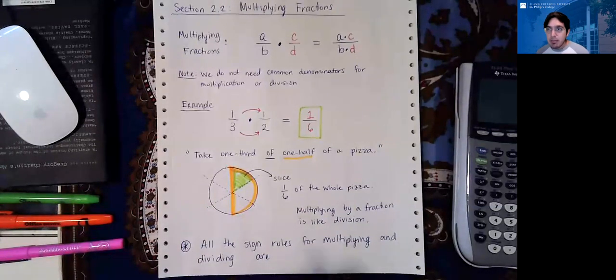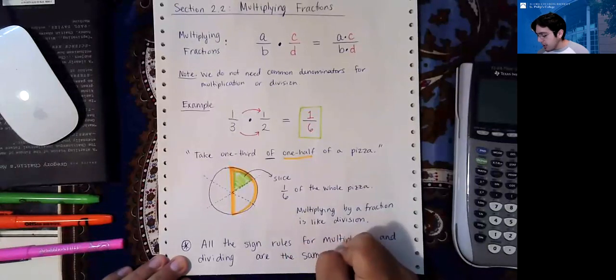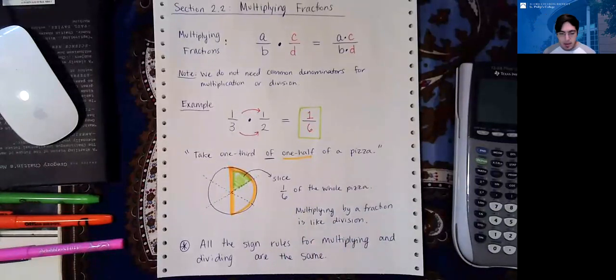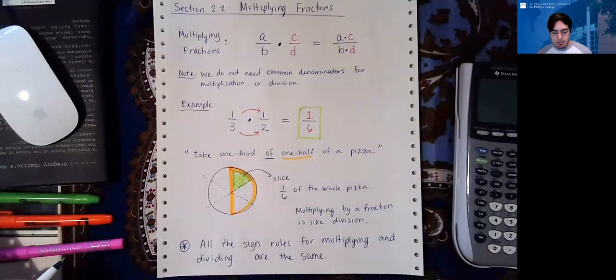If the signs are the same and you're multiplying, you get a positive. If the signs are different and you're multiplying, you get a negative. So there's no changes to our sign rules. So we just have to be aware if we have a positive and a negative fraction, what do we do with them? Okay.